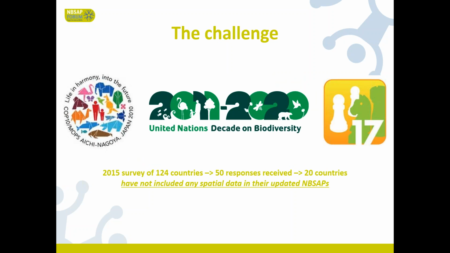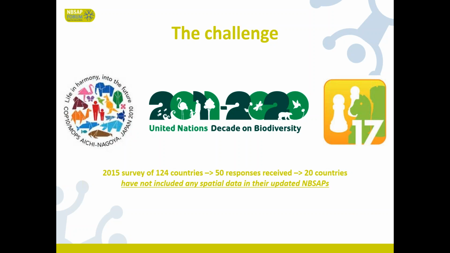So the challenge that we saw, really, was in Decision 10.2 at the 10th meeting of the Conference of the Parties. A strategic plan for biodiversity was adopted, including 20 Aichi targets, and parties agreed to translate the strategy into revised and updated national biodiversity strategies and action plans, which was articulated especially in Aichi Biodiversity Target 17, which states that by 2015 each party has developed, adopted as a policy instrument and commenced implementing an effective, participatory and updated NBSAP.